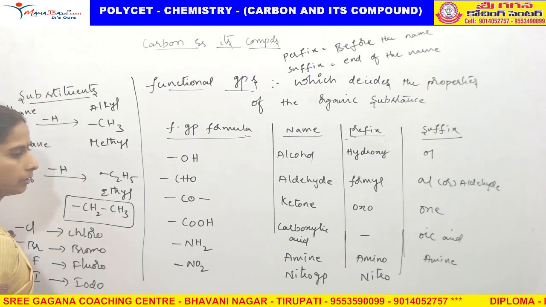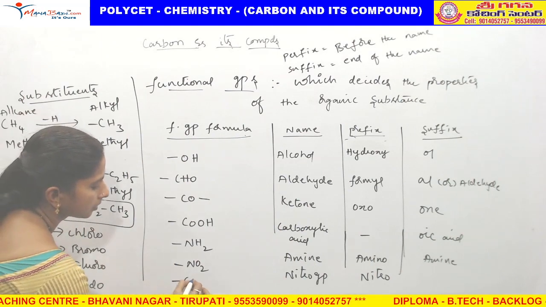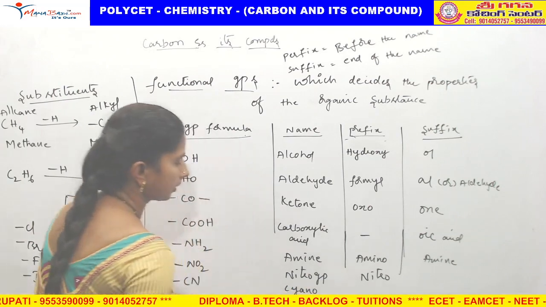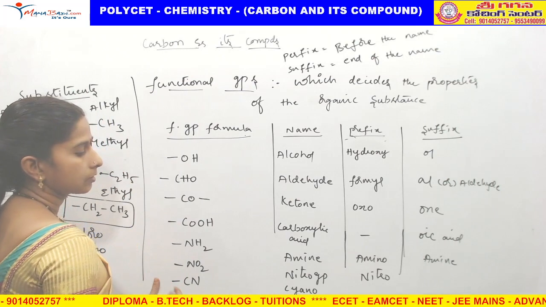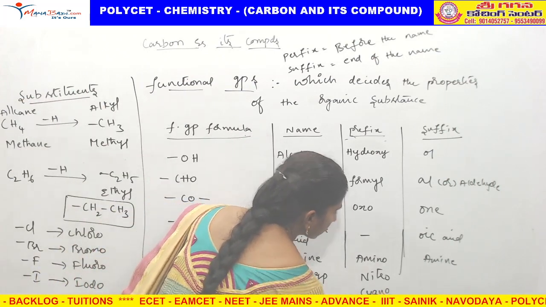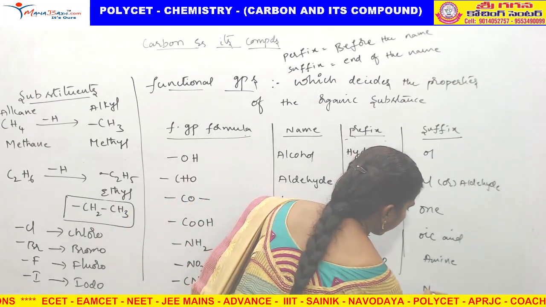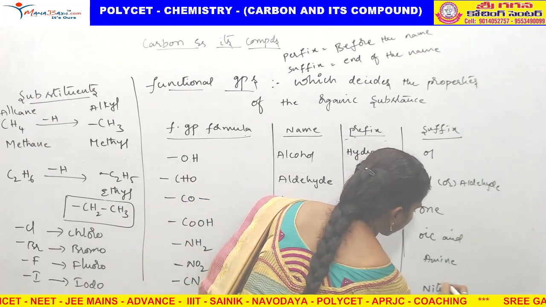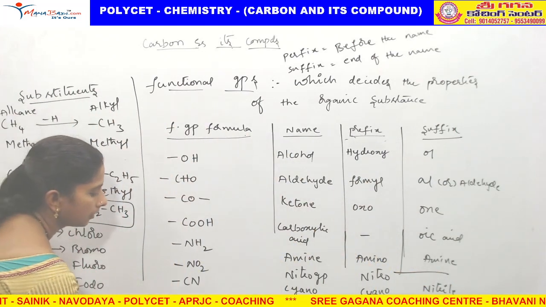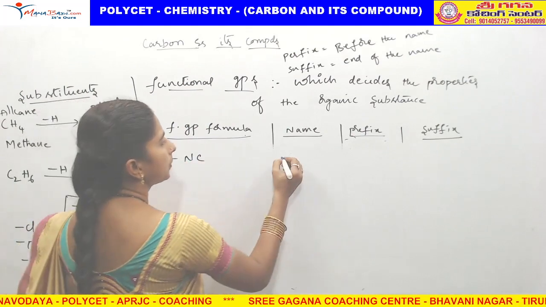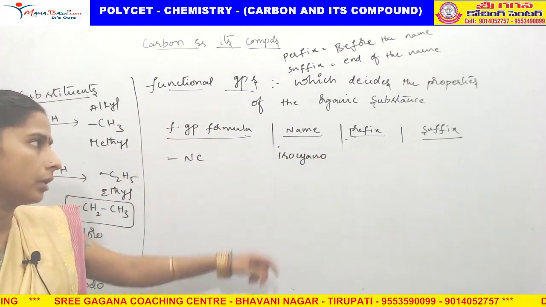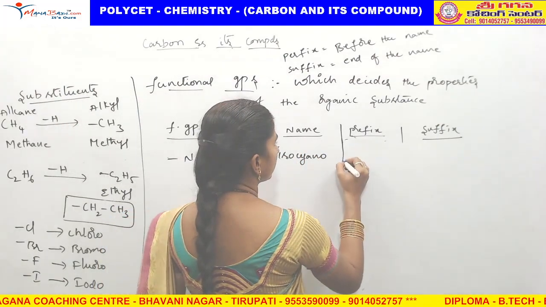After that, CN, cyano group. Prefix is cyano. Suffix is nitrile. NC, name is isocyano. Prefix is isocyano.